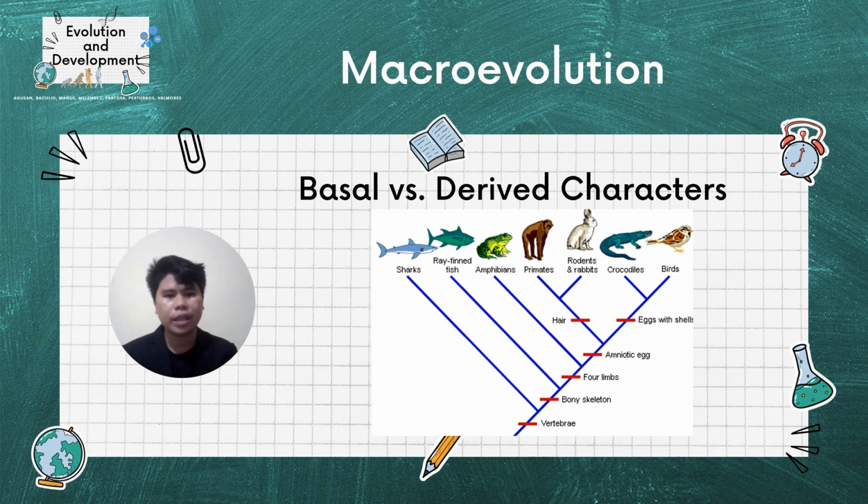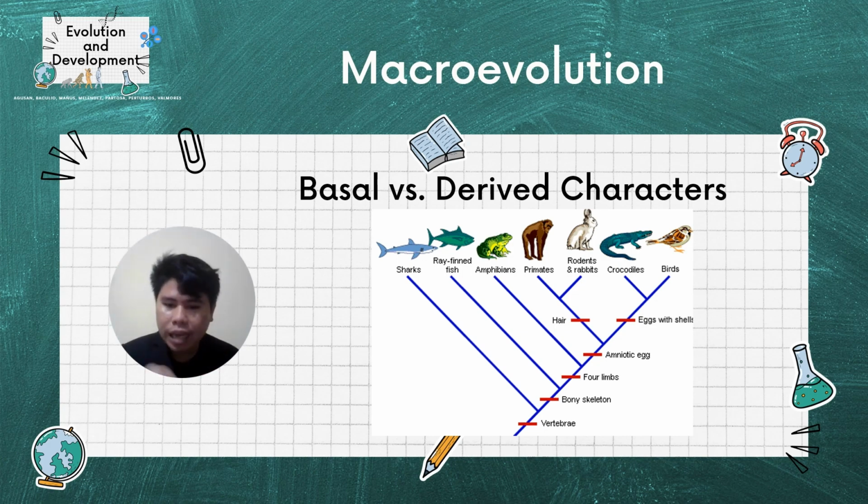On the other hand, we have what we call derived characteristics, which are quite unique to a particular group of organisms, and commonly we regard them as more recently evolved. Looking at the example that we have here, among all the organisms, we can say that the vertebrae is a basal characteristic. However, hair is actually exclusive to the primates and rabbits group.